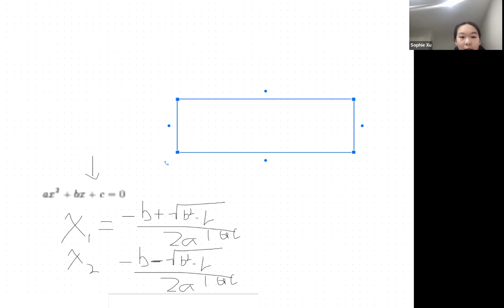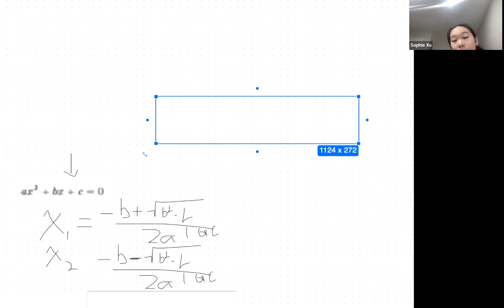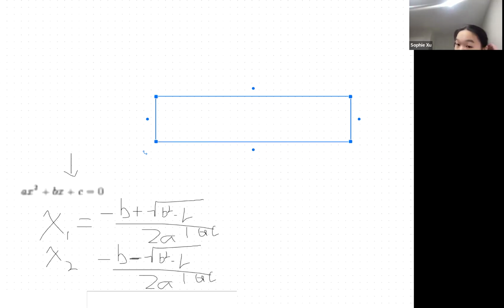So you get x squared plus b over a x plus c over a is equal to 0, right? If any part of this doesn't make sense, just stop me, put your hand up, shout it out, or type in chat.